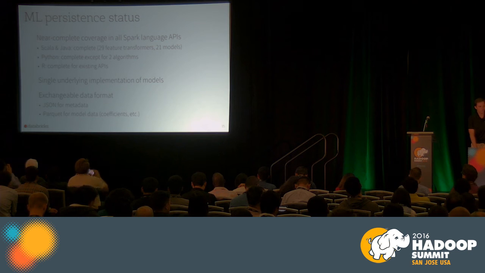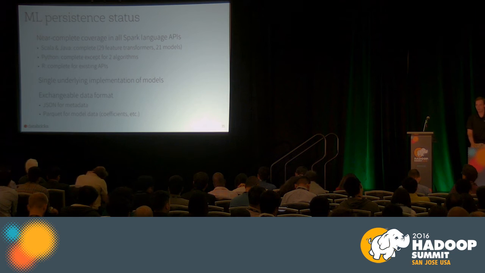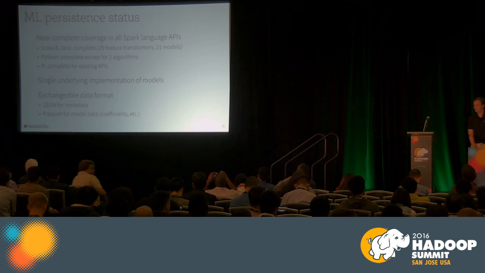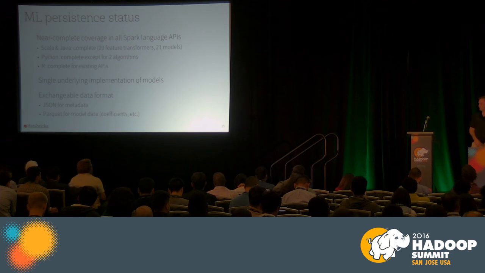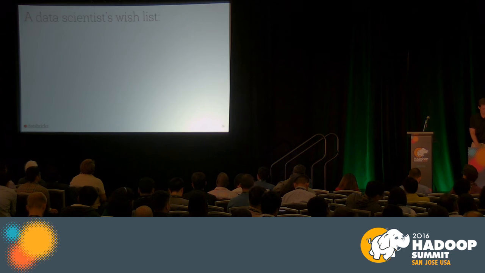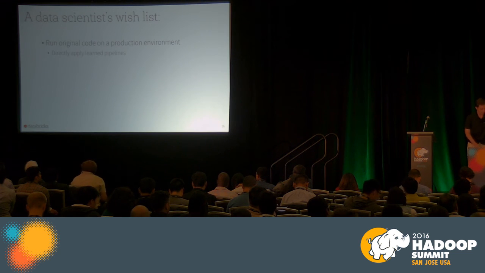And of course, if you're unhappy with the implementation that we provide, you can always read the JSON, which is available, and re-implement some of the algorithms. So using MLlib, you can run your code in a production environment.